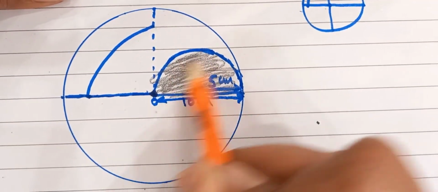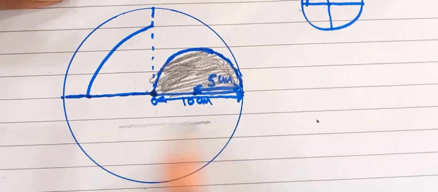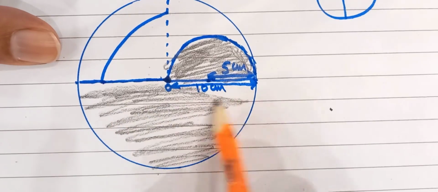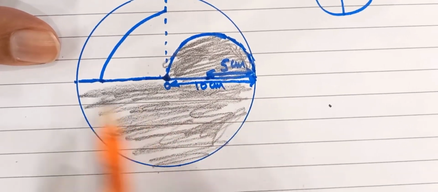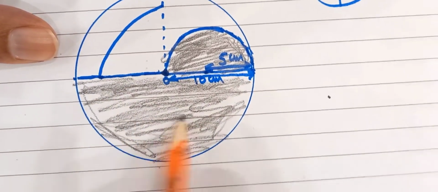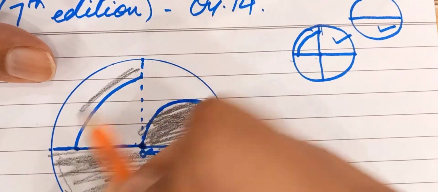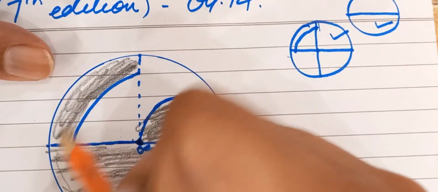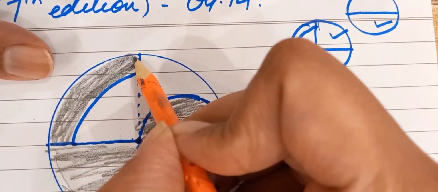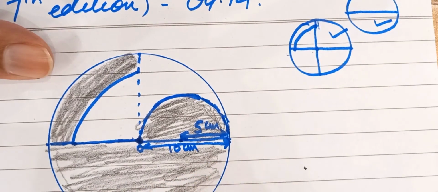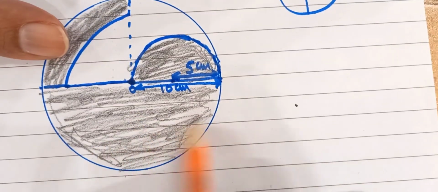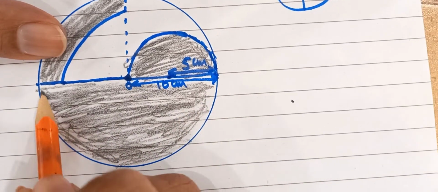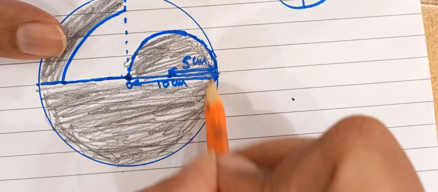This part is shaded, this part is shaded, and the area within these two arcs is also shaded. So we have to calculate the area of this shaded region, and similarly we have to take out the perimeter of this area.